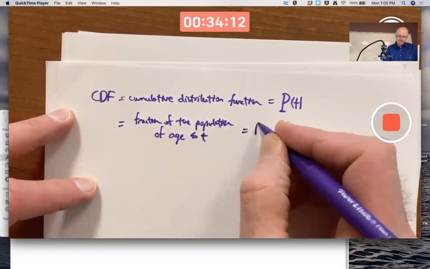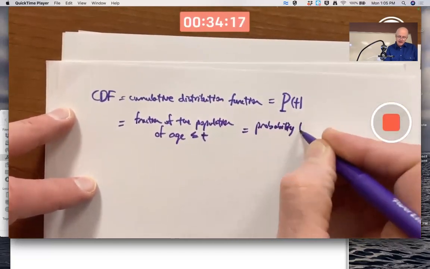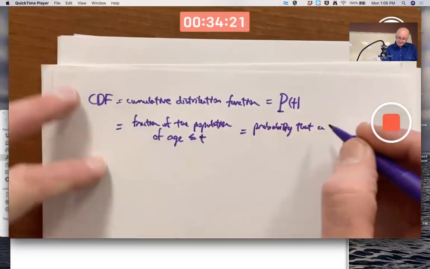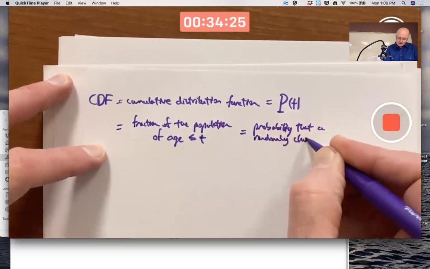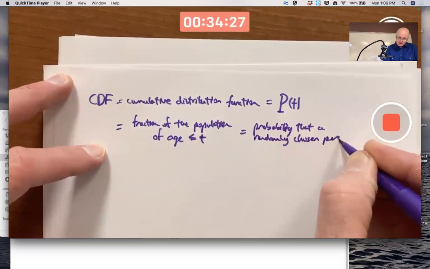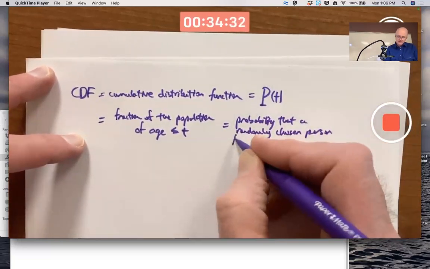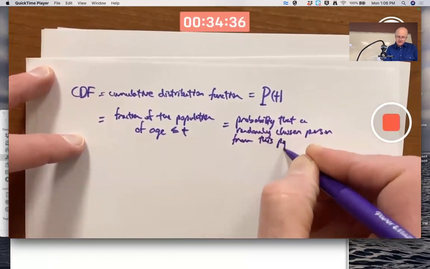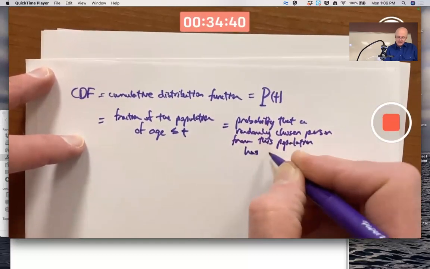And that is the same as the probability that a randomly chosen person from this population has age less than or equal to t.